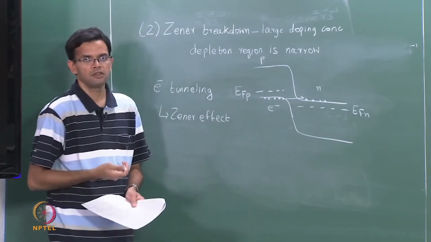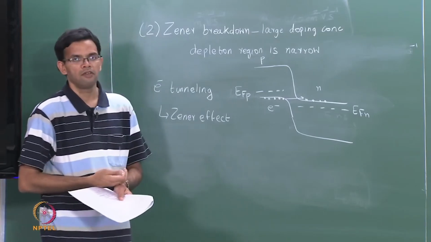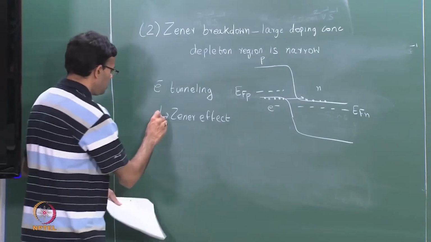And because of that, you have a large current, so you have a breakdown of the junction.